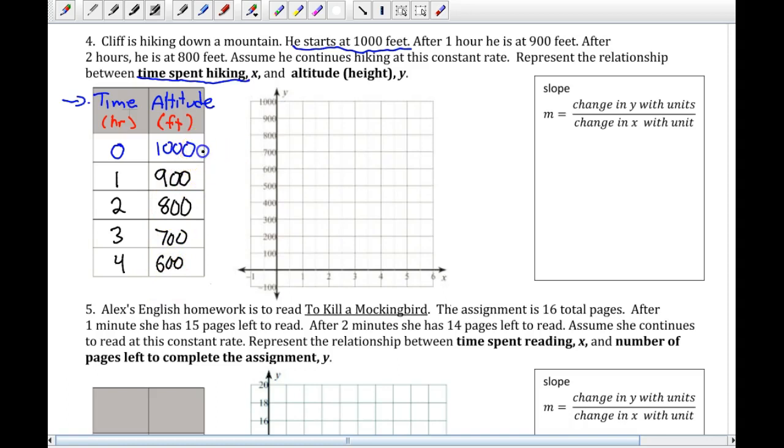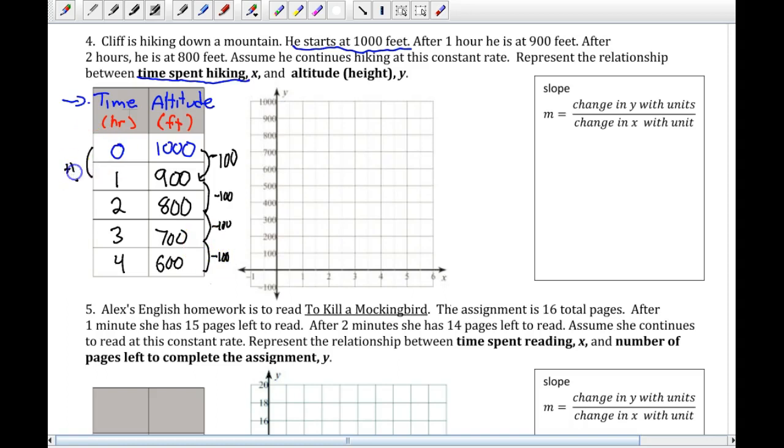On the side here, how much is it from here to here? 100. How come it's not 100 though? Yeah, we went down, so it's negative 100. Again, it's very important that these actually come out to be somewhat the same, if not exactly the same, every single time. And the negative positive part is important.